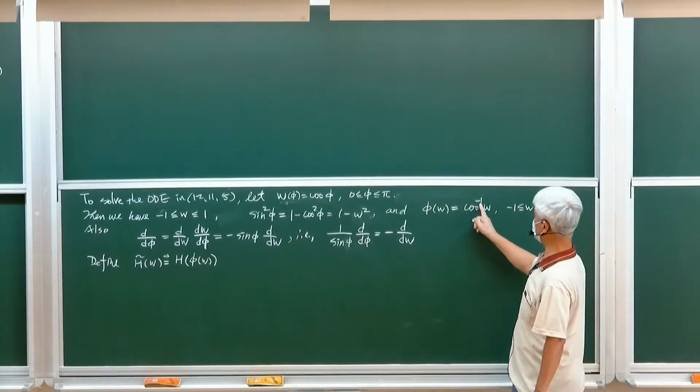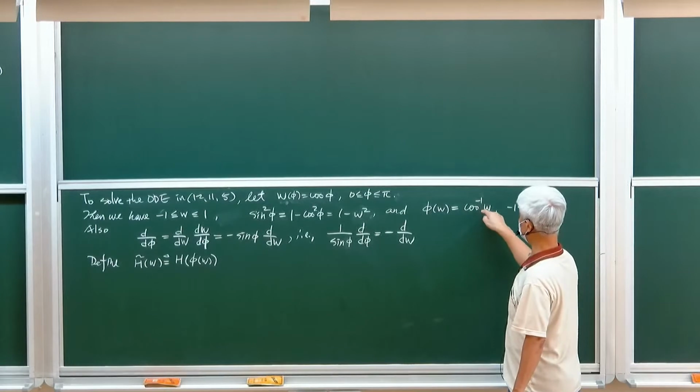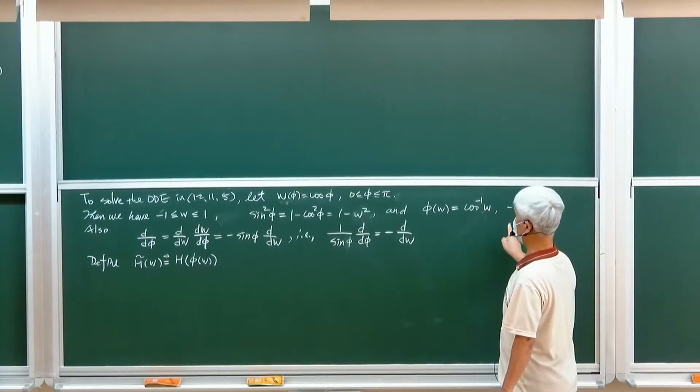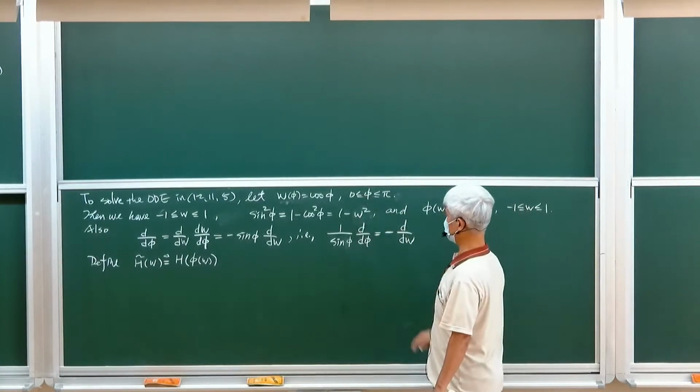So here the arccosine has range from 0 to pi.